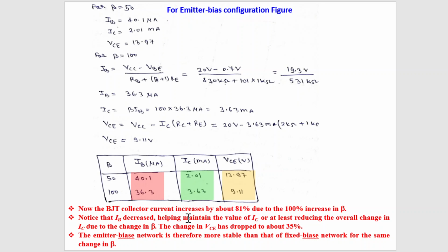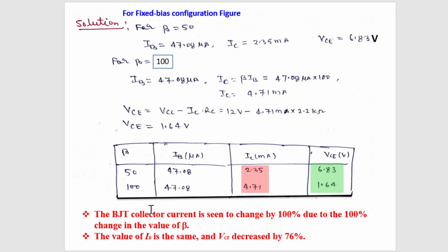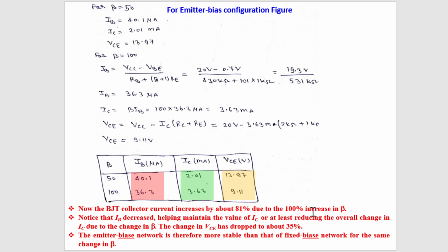Similarly, the change in VCE: the collector emitter voltage has dropped 35%. Here it was 76%. Collector emitter voltage decreased 76% in fixed bias configuration, but in emitter bias configuration it decreased only 35%.